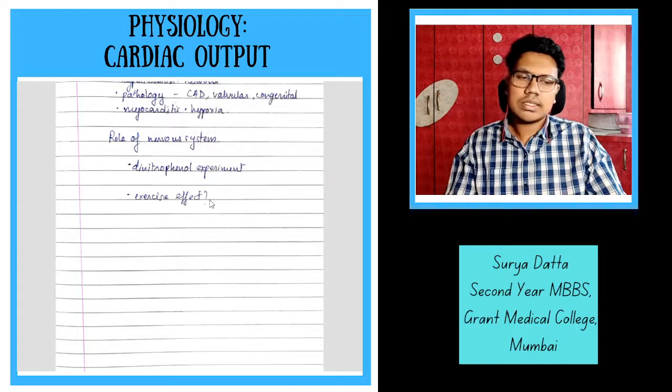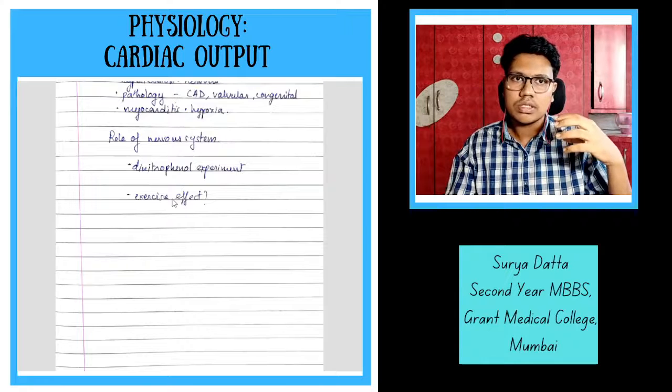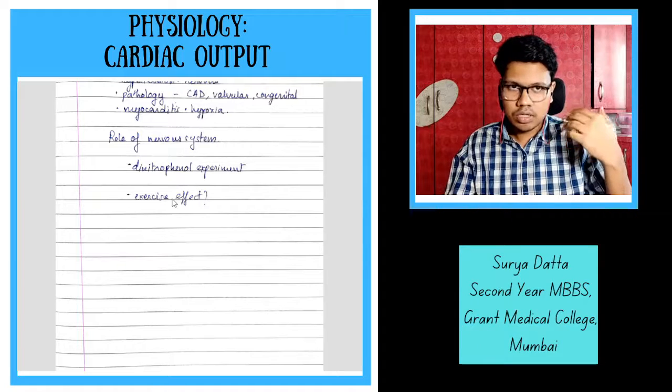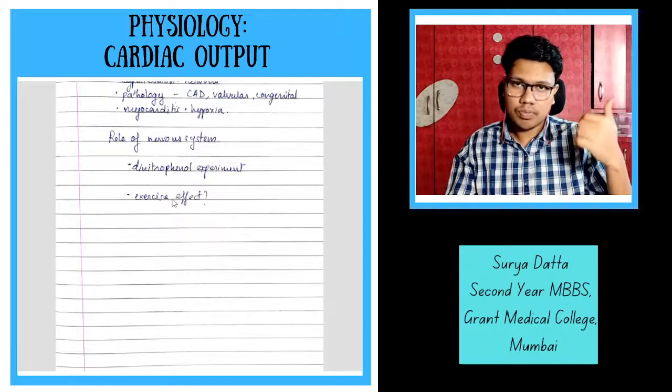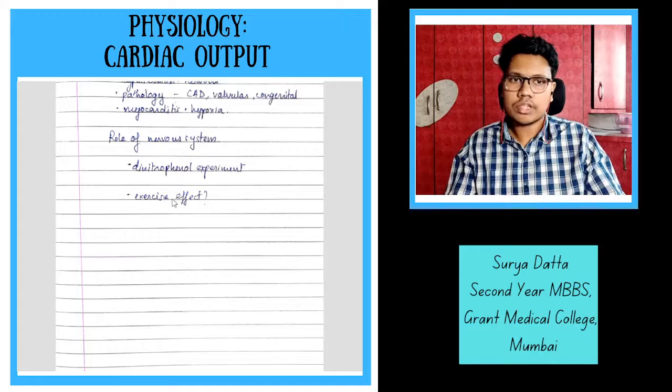And lastly, is the exercise effect, which is an anticipatory effect that happens in the circulatory system. Basically, when we're starting to exercise, the heart gets an anticipatory signal from the nervous system which causes it to pump more effectively: contractility increases, and the rate of contraction also increases.